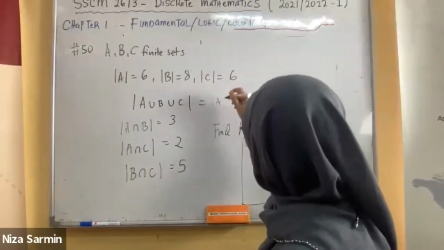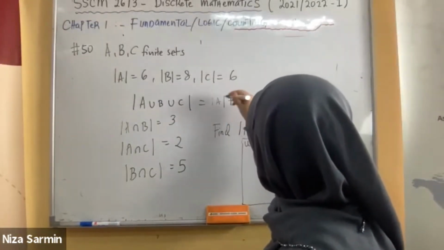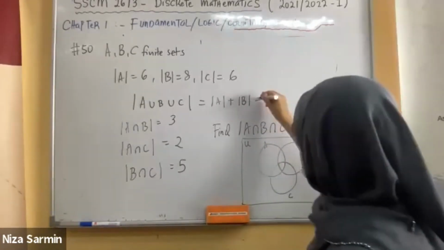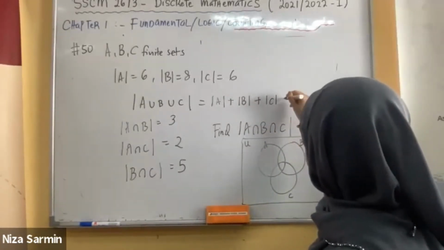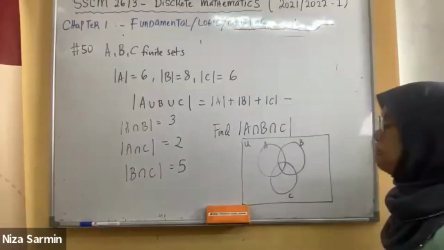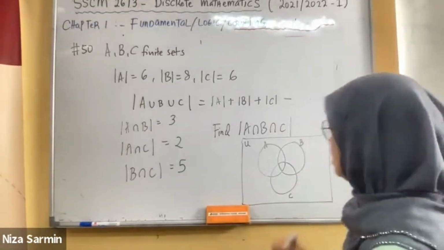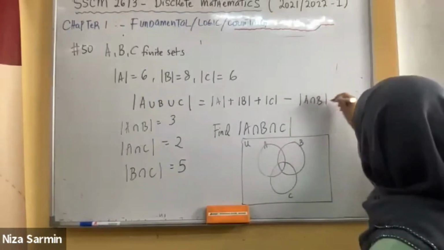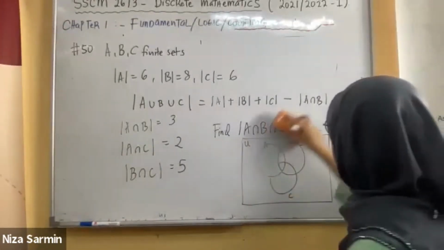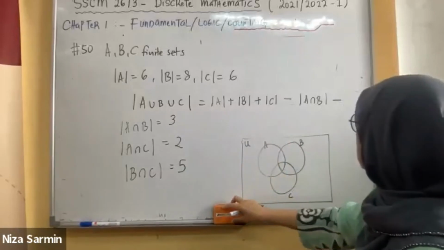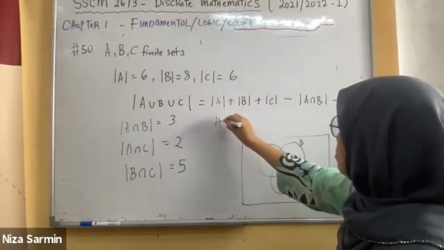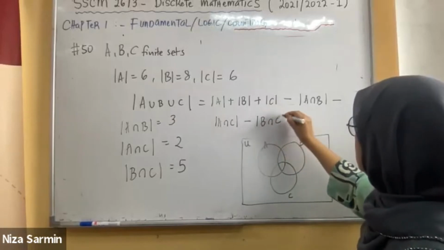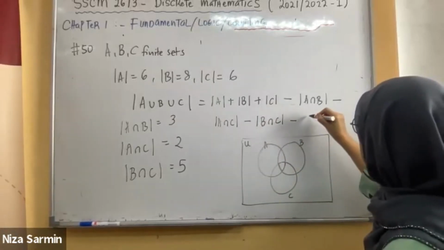So this is A plus B plus C minus 1 of this minus 1 of this minus 1 of this minus how many?